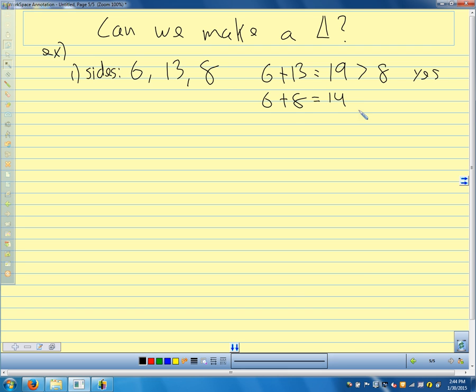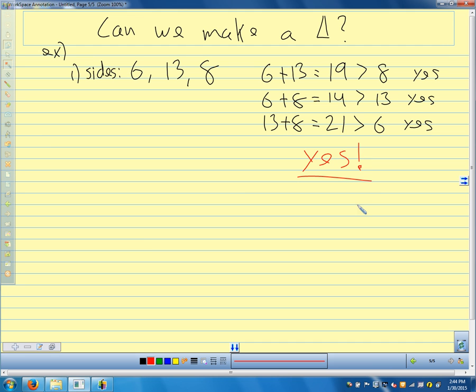Is that bigger than 13? Yes. And then 13 plus 8? 21. Is that bigger than 6? Yes. So yes, we can make a triangle.